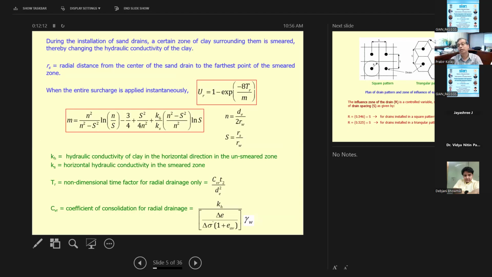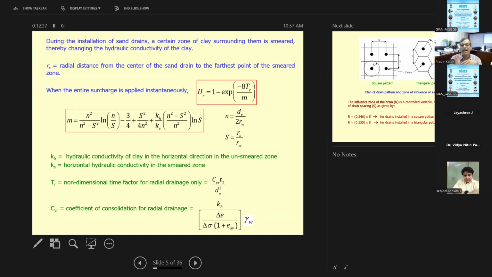So there are a few consolidation equations over here when the flow is in the radial direction. While talking about the consolidation, the degree of consolidation is U, that is in the vertical direction. Okay, so you don't write that because Terzaghi's theory is one-dimensional consolidation in the vertical direction.